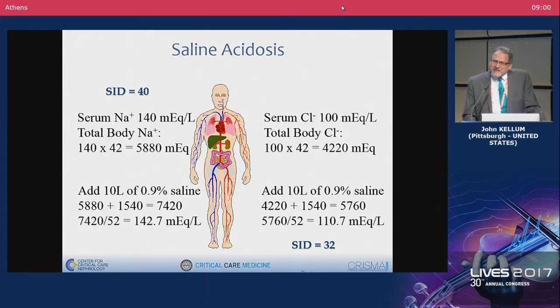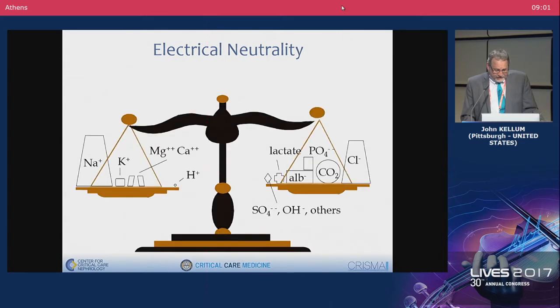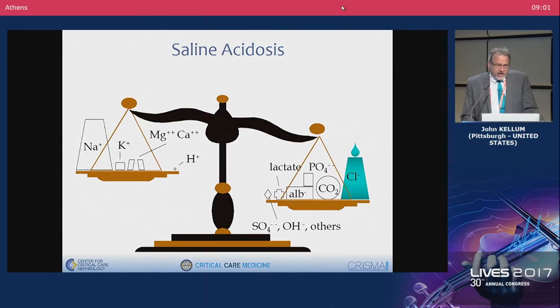Now, I've oversimplified this a little bit because you are also diluting the weak acids, and so there'll be slightly less of an acidifying effect, because the dilution of weak acids is a slight alkalinizing effect. But nevertheless, there is an acidosis. And so what happens, if you will, is I change this balance. I can't change much to balance this out.